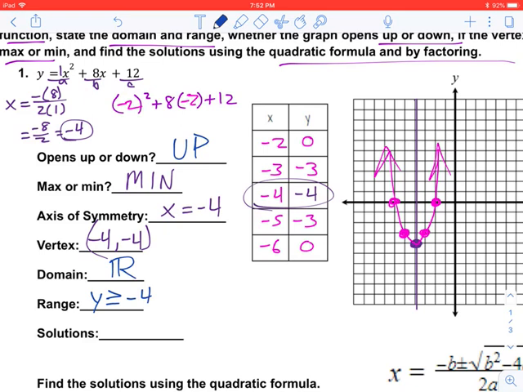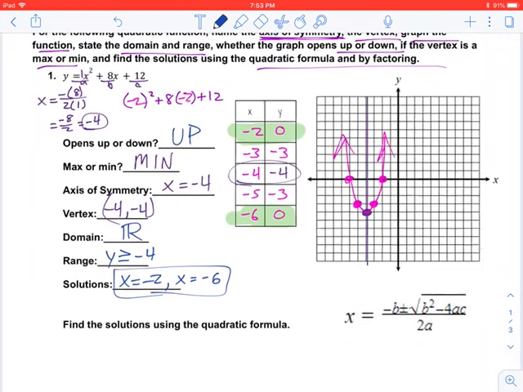And then our solutions are where does it cross the x-axis? And those two x values are x equals negative 2 and x equals negative 4, or negative 6, sorry. And there we go. And you know that because that's where the y is 0.